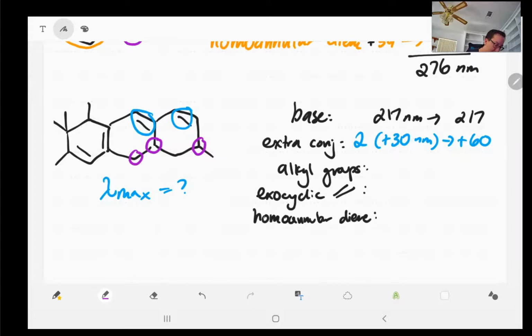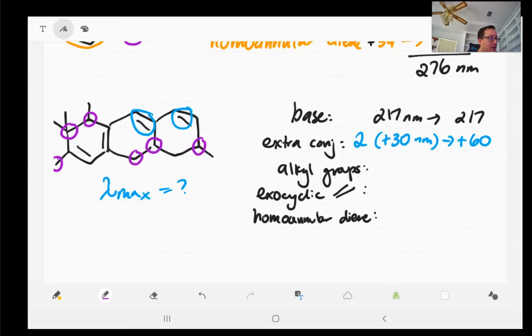We have this bottom one here, which is connected to the double bond on the left. We have this one, which is connected to the double bond on the right. This one connected below. And this one connected to the right.